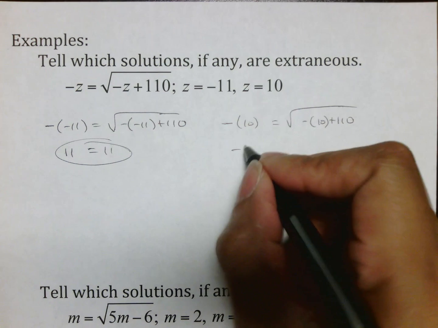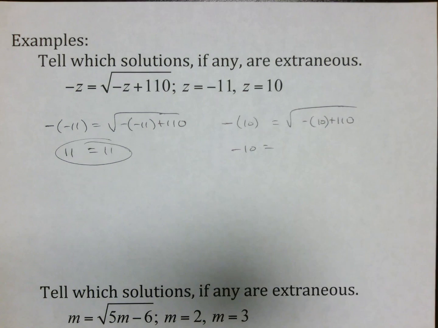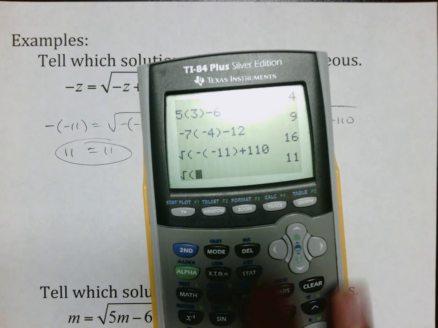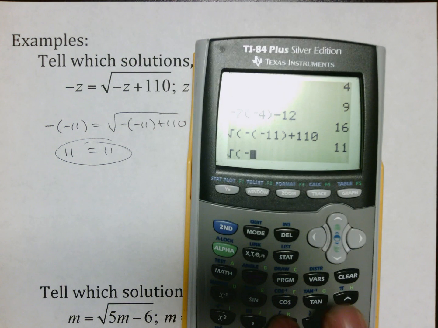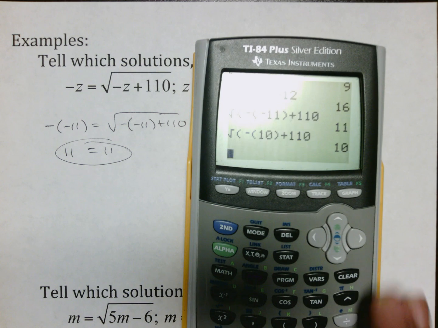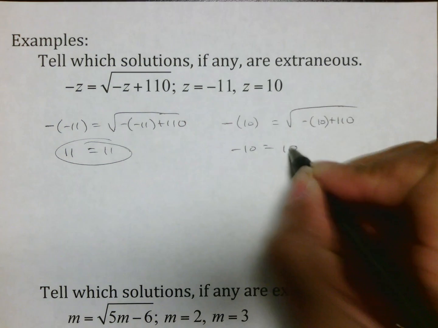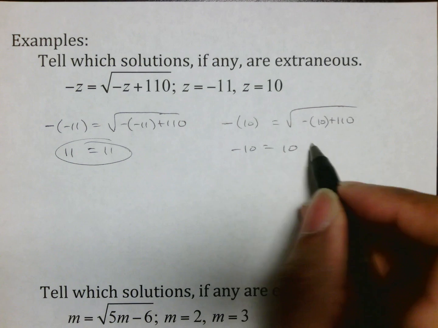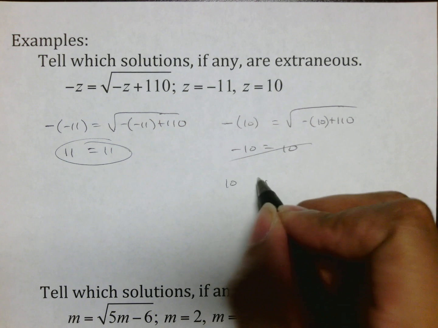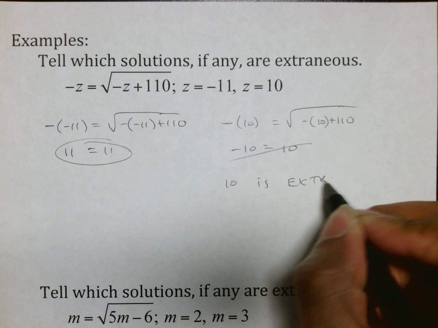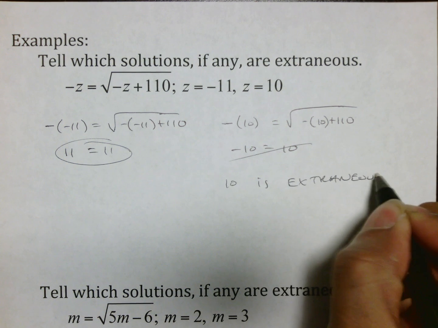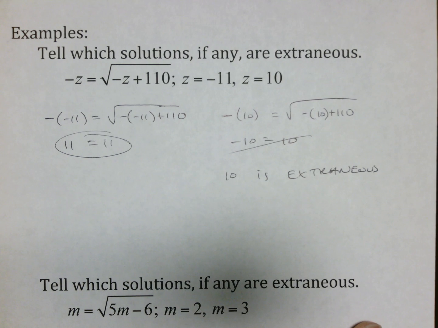On this side we end up with negative 10. On that side we end up with square root of negative (10) plus all that, which gives me the answer of 10. And so if you notice, this does not work, which means that 10 is what we call extraneous, because it did not work.